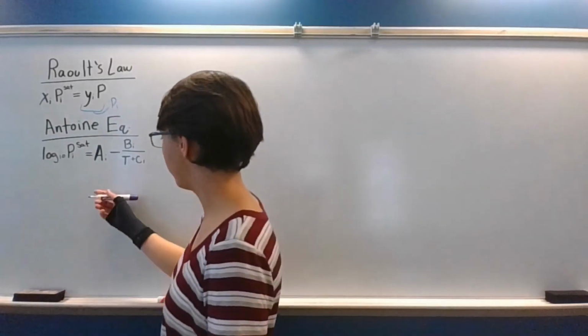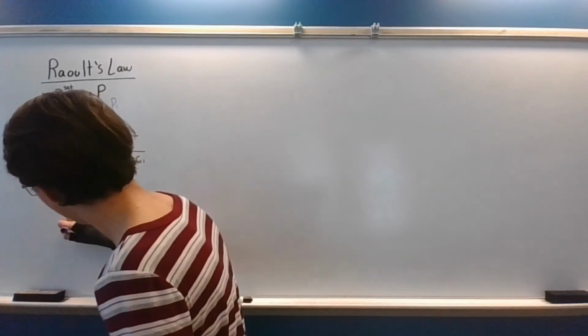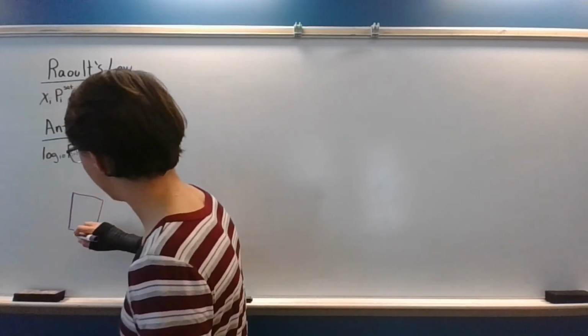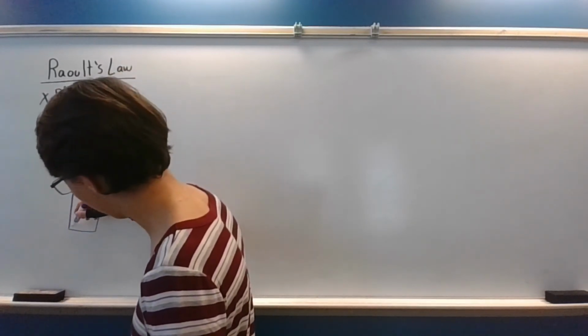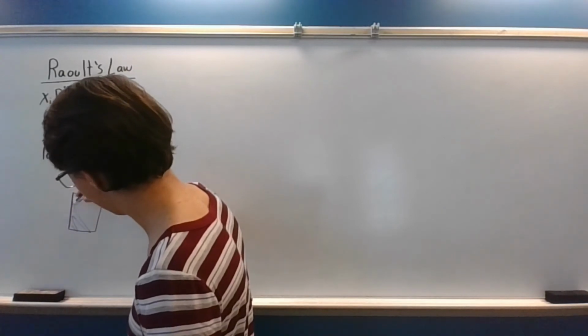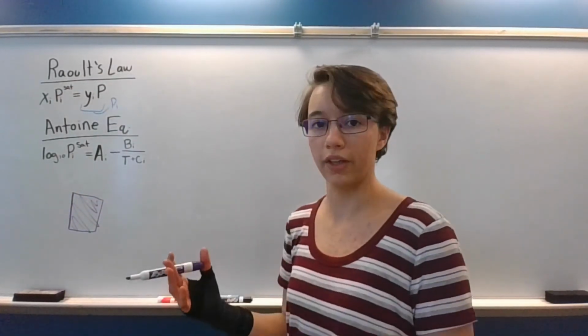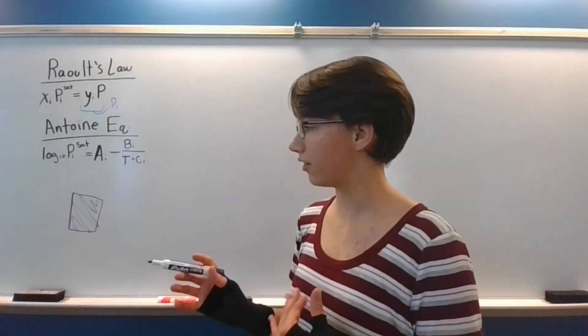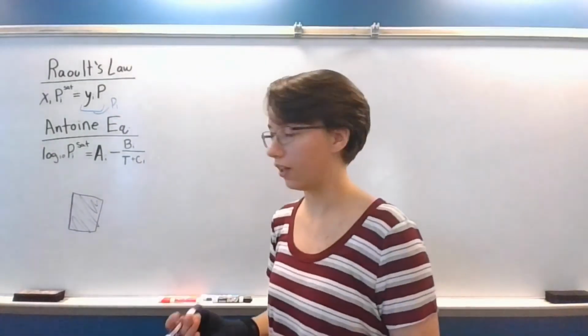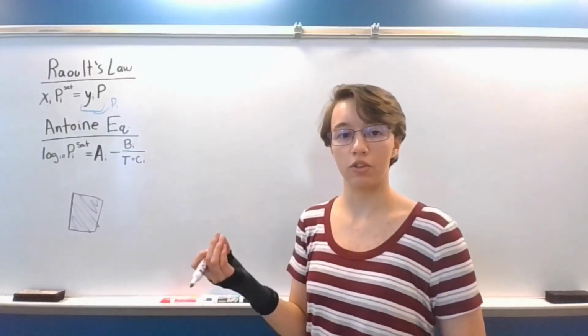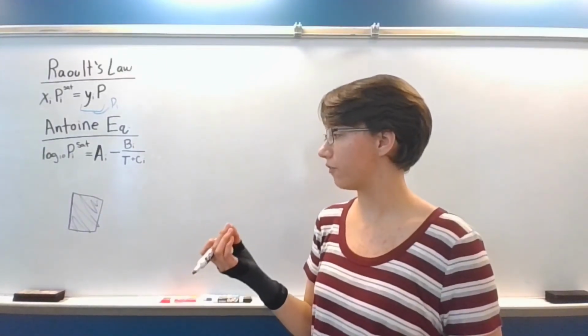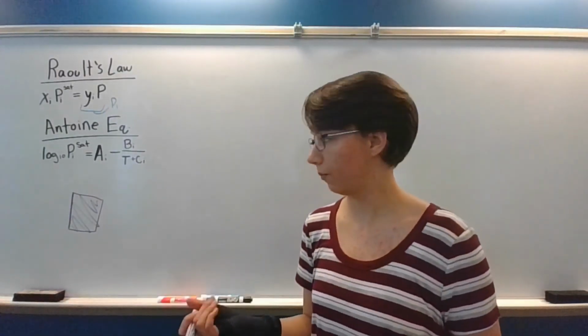A bubble point is if you have a container and it's filled entirely with a liquid mixture. So it's filled entirely with liquid, there is no air or anything. And then either the temperature or the pressure will be held fixed and the other will be increased until you see the first bubble of vapor begin to form.